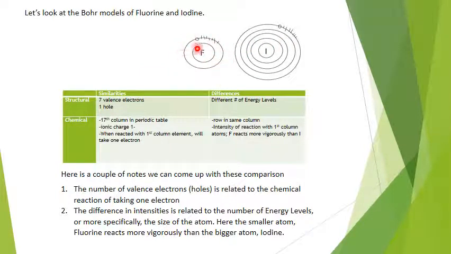So something about fluorine being smaller makes it react more vigorously than iodine. And so fluorine is the most vigorous element in the 17th column, then chlorine, and then bromine and iodine. All in that order.